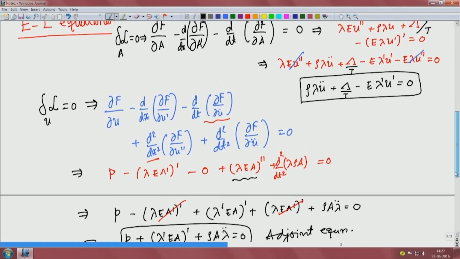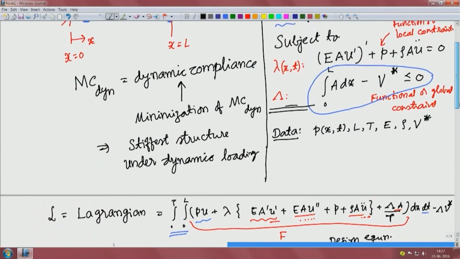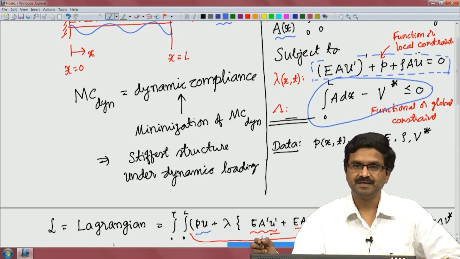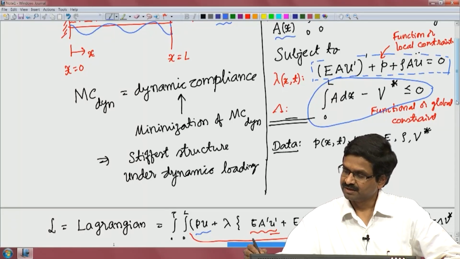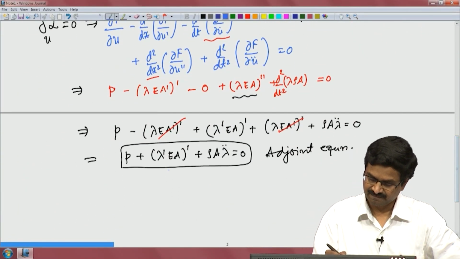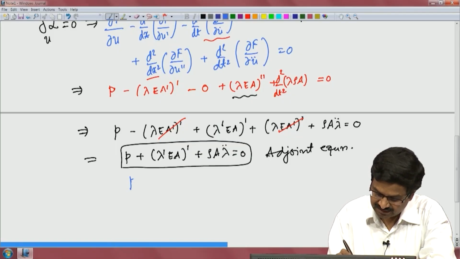And if you notice, the governing equation that we had, which is E A u prime, I will just dash line, this is our governing equation, E A u prime prime plus p plus rho a u double dot equal to 0, is how we got it. Okay. So, that was also just like this, wherever lambda was, it was u.